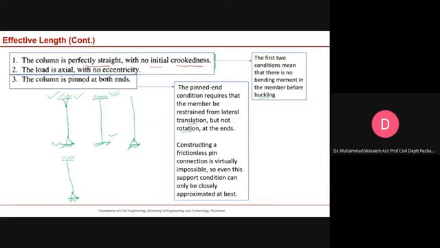The column is pinned at both ends. ये तो हमने के से कर लिया इसको। इन दोनों को करने के लिए उन्होंने क्या किया? कोड कहता है कि जो मेंबर होते हैं, फर्ज करें ये क्रॉस सेक्शन है, दिस इज वाइड फ्लेंज सेक्शन। और अगर इसको हम प्लेस करें तो बिल्कुल स्ट्रेट होना चाहिए। सॉरी मेरी ड्राइंग में, इसको छोड़ें, इधर बनाता हूं, बिल्कुल स्ट्रेट होना चाहिए। क्या ये बिल्कुल स्ट्रेट है?